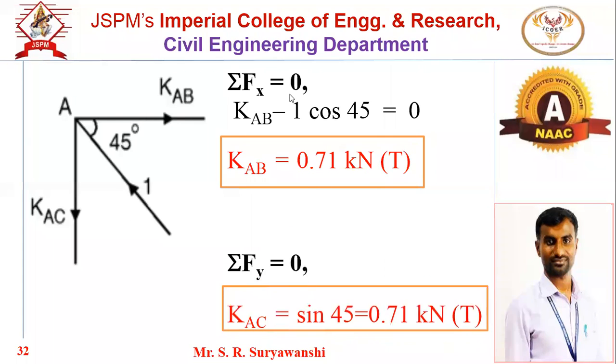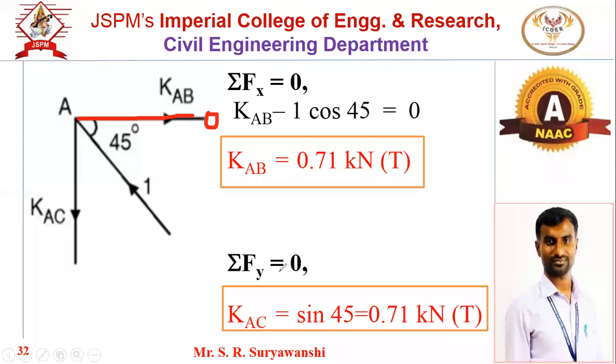Next will be summation Fy equal to 0. Make the summation of vertical forces equal to 0. Now here, this is KAB, it is purely horizontal, so its vertical component will be 0. Now this 1 kilonewton load lies in the second quadrant, and that's why the y component will be positive.